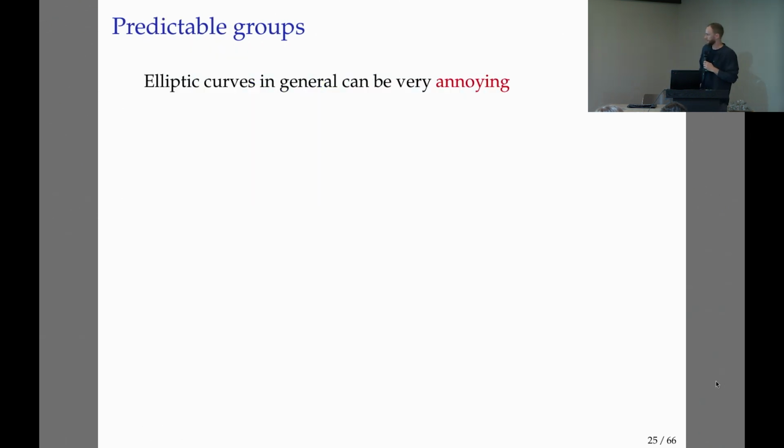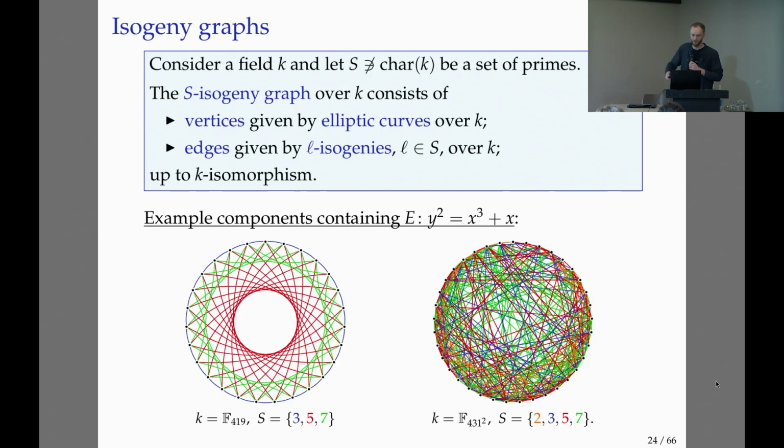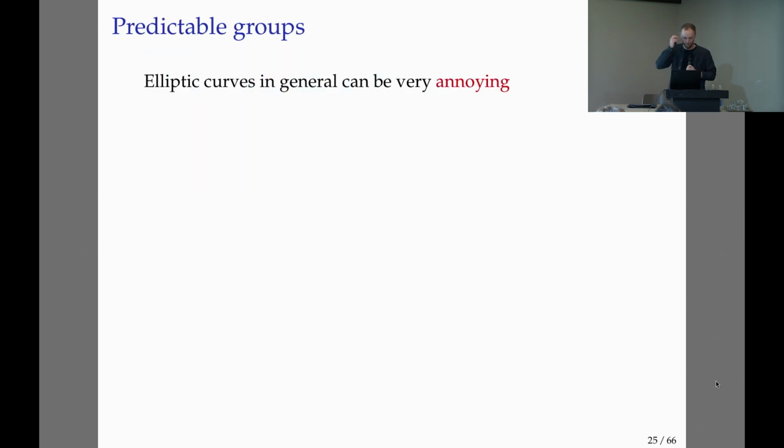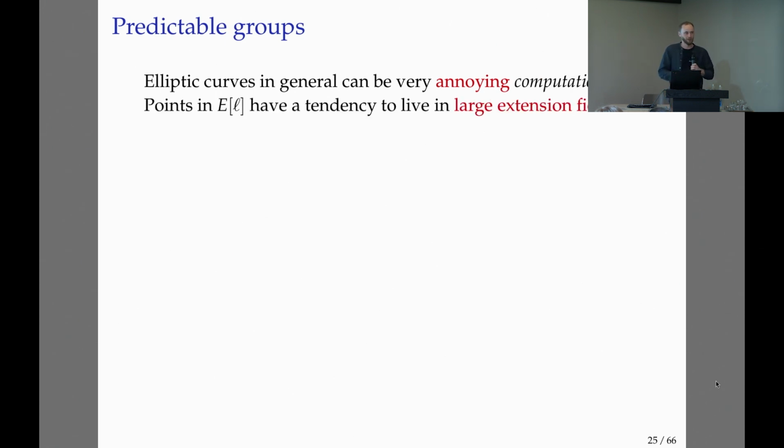Okay, so I just said that this is a special case, and the special case is what I will explain right now. So in general, elliptic curves can be kind of annoying computationally because it's difficult to actually work with points of arbitrary order. It seems hard to find a curve that has a prescribed order in general, if you also want some other properties that we want for isogeny-based cryptography.